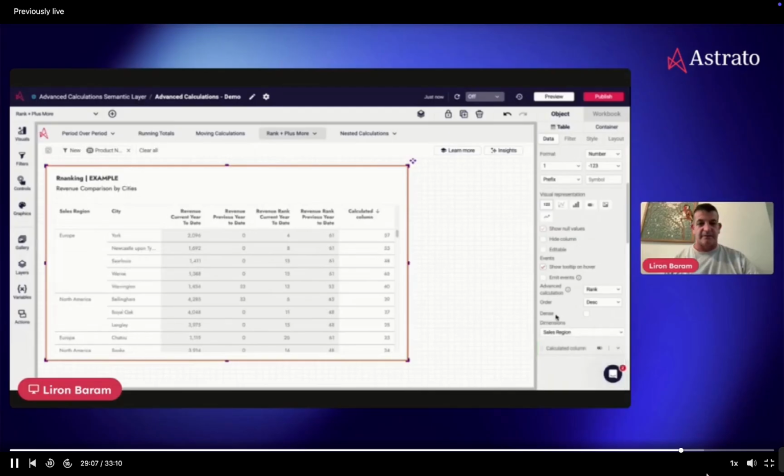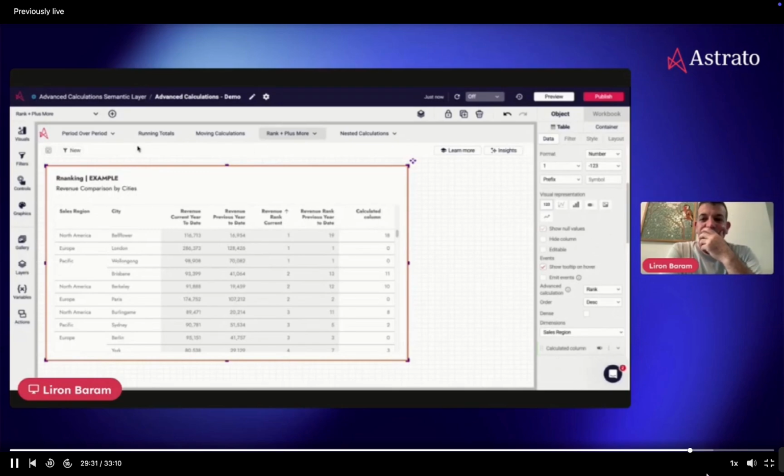And now if we, for example, sort by the rank, we see that we have 3 regions, and those are the cities that are ranked highest inside the region, like the performance inside the region. So actually, London performance, just a second, we had the filter from the previous. So this is what we can see now that we have 3 number ones. 2 of them were actually maintaining their standing, which is London and Wollongong.